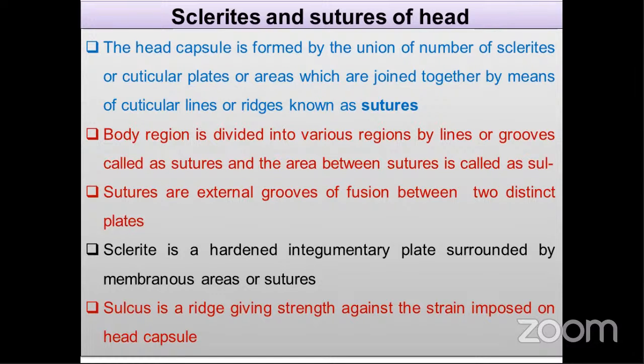Sclerite is different, suture is different. Suture means, just as we stitch some cloth, that needle is the suture. Sclerites are hard-like structures, and we can join those two sclerites with the help of sutures only.